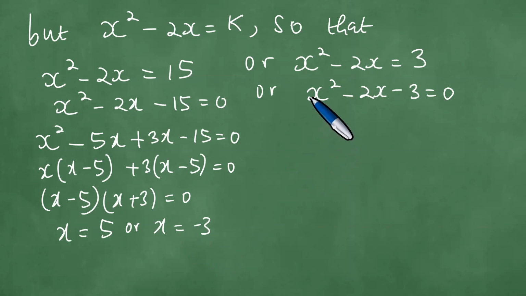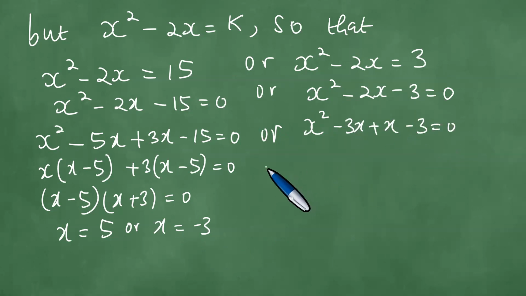And now we look at this. If we multiply the x squared with the minus 3, we get exactly minus 3x squared. So we look for two expressions whose product is minus 3x squared, but whose sum is minus 2x. And we can see exactly that those are minus 3x plus x, like so, and we have minus 3 equals 0.